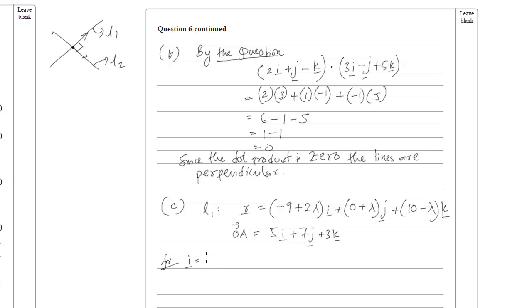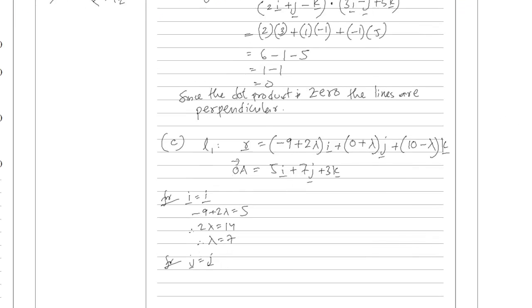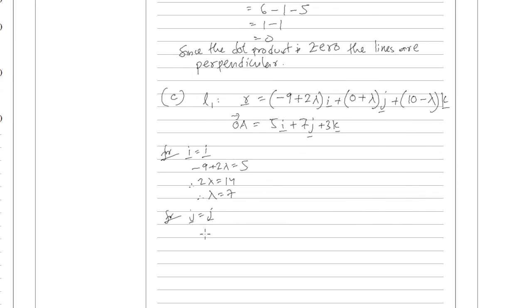So for i equals i, we get minus 9 plus 2 lambda equals 5. So therefore 2 lambda equals 5 plus 9 is 14. Therefore lambda equals 7. The other two have to match. So for j equals j, we get 0 plus lambda equals 7. That means lambda equals 7.